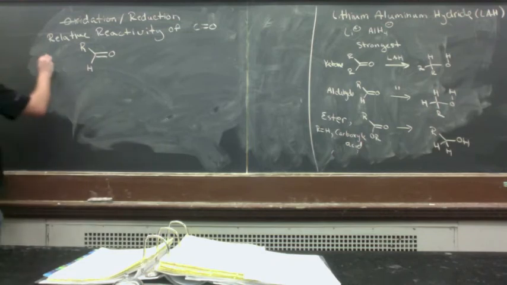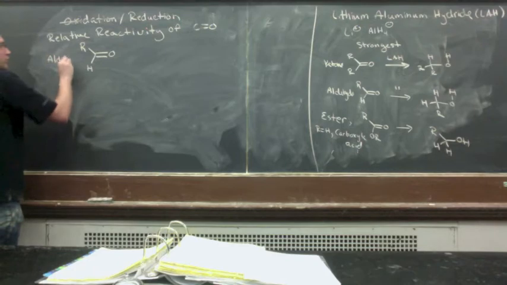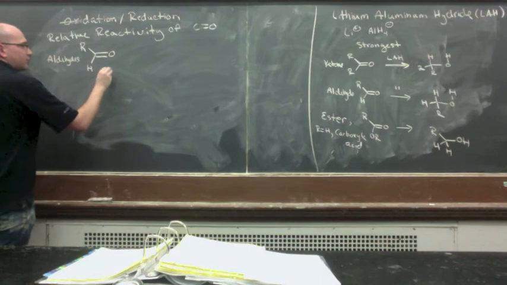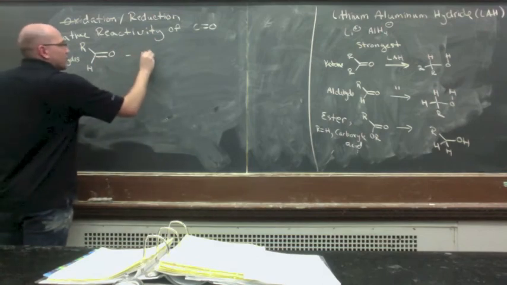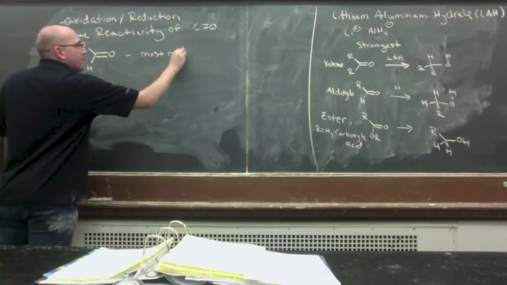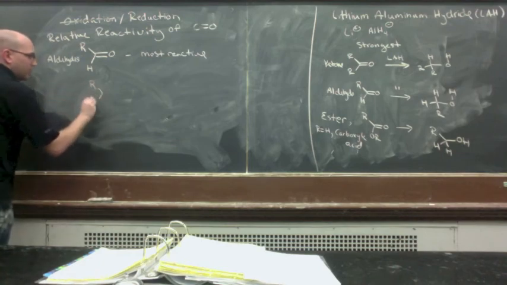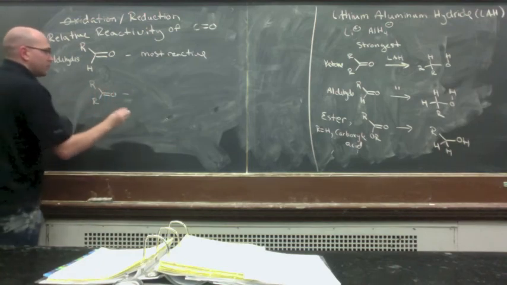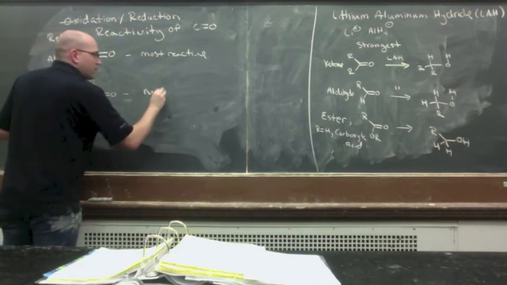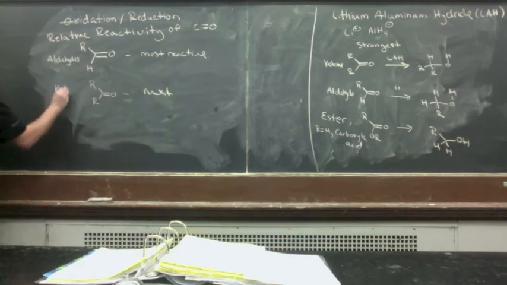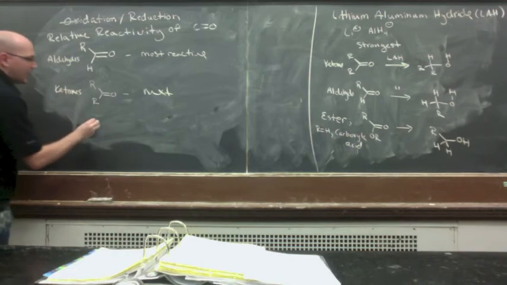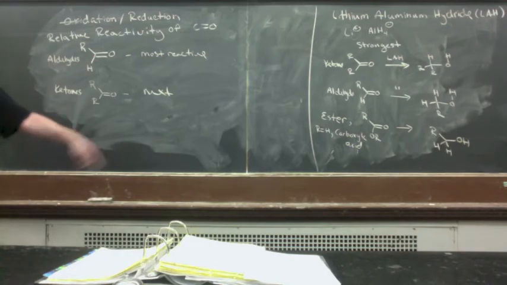So aldehydes are most reactive. In terms of these three, ketones are the next most reactive. And at least in terms of these, you might be able to make comparisons with others as we move forward.